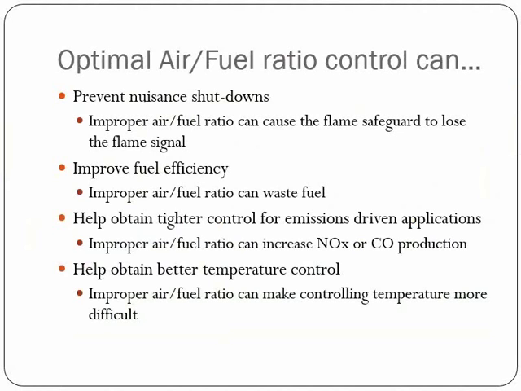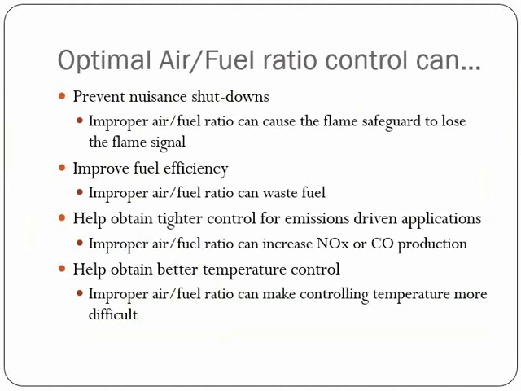When you have optimal air-fuel ratio, this can prevent nuisance shutdowns. And as I stated before, when you have that upper and lower flammability limit, if at any point during operation or during travel between firing rates you go outside of that lower and upper flammability limit envelope, you could have a shutdown condition.